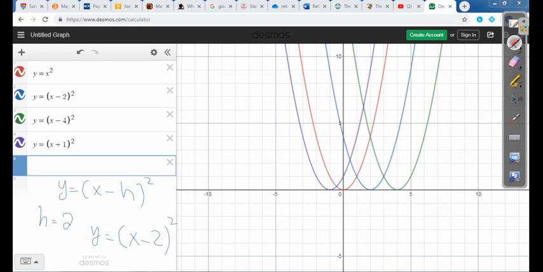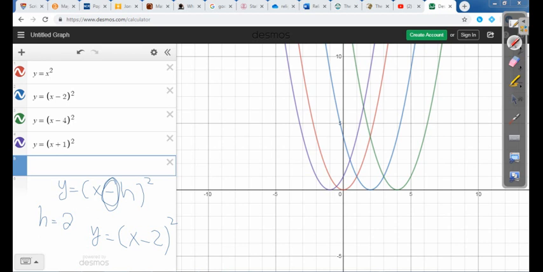So h is actually 2. H is a horizontal shift of positive 2, which means to the right. But because of that negative that's already in the formula, it looks like it's negative. But actually it's a positive 2, because originally the formula has a negative in it.